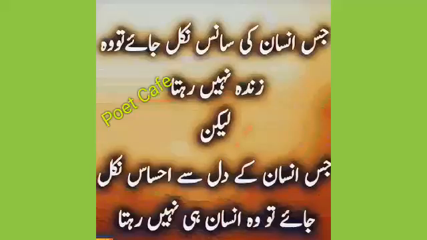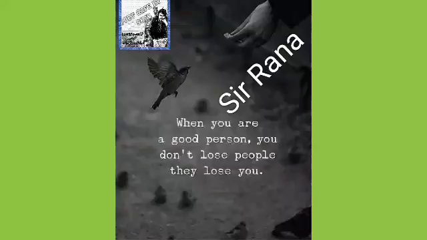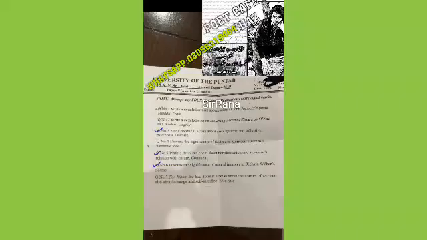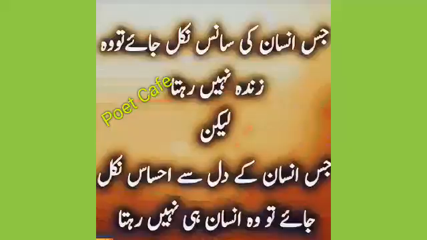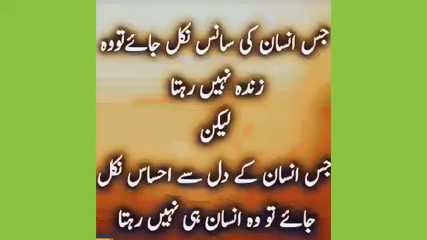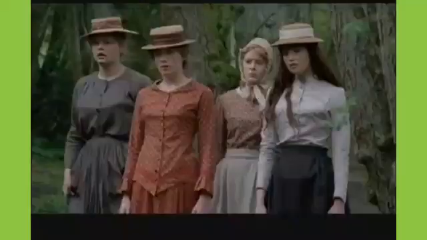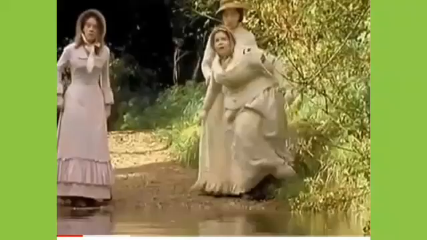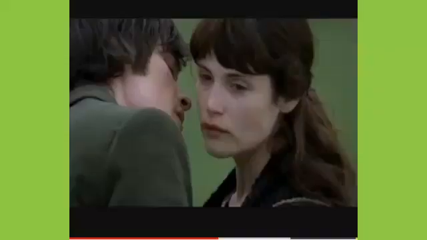Thomas Hardy was born in 1840 in Dorsetshire, England. Please write: Dorsetshire, England. He was born in 1840 and died in 1928.